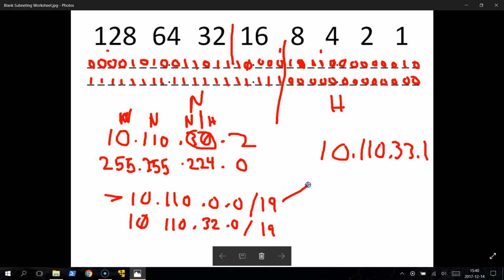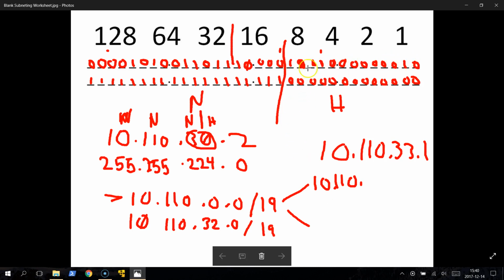So what are my range of IPs? That's the next question that might be asked. Well, we'll take the 10, 110, right? Now the way we're doing this is we're going to just increment. Remember, the only IPs that are not legitimate IPs are the network address and the broadcast address. The network address is going to have all zeros for the host portion, right?